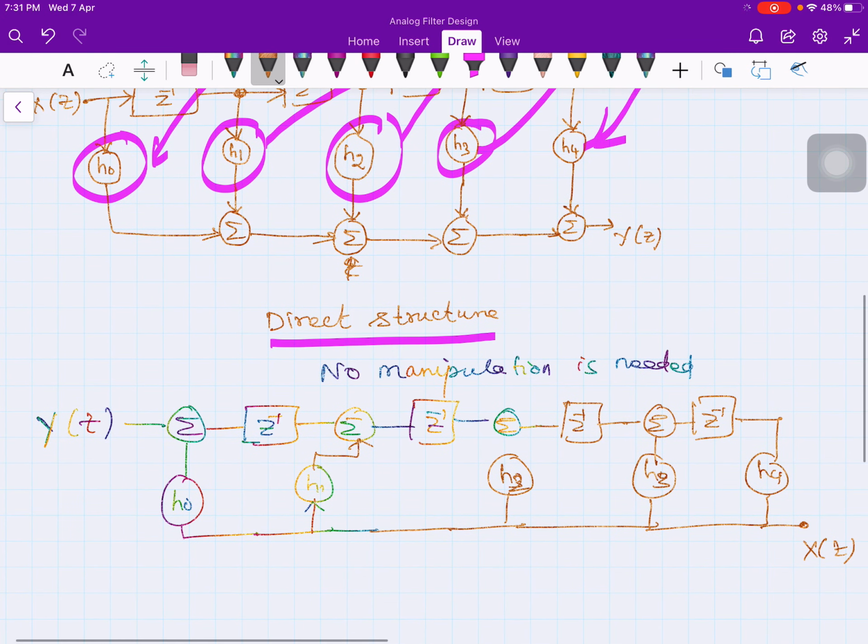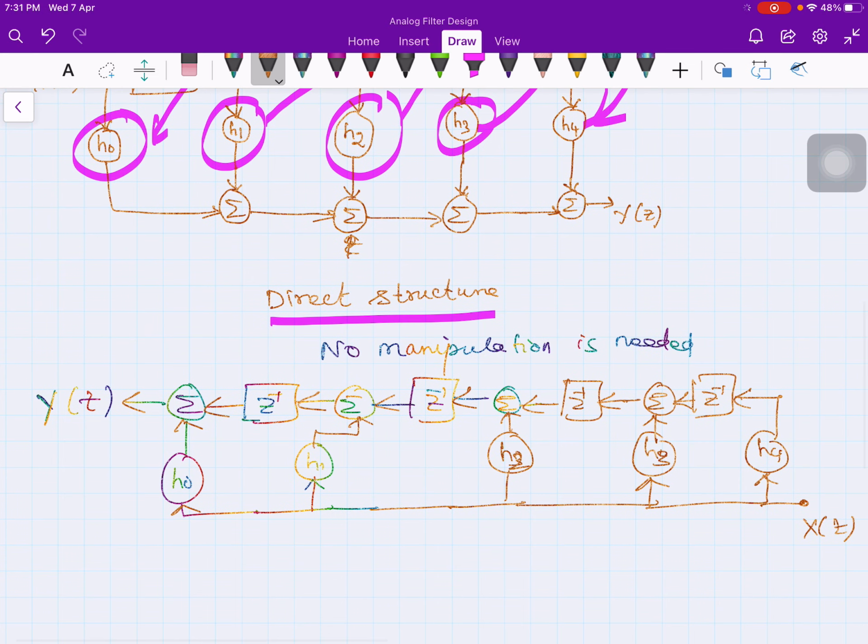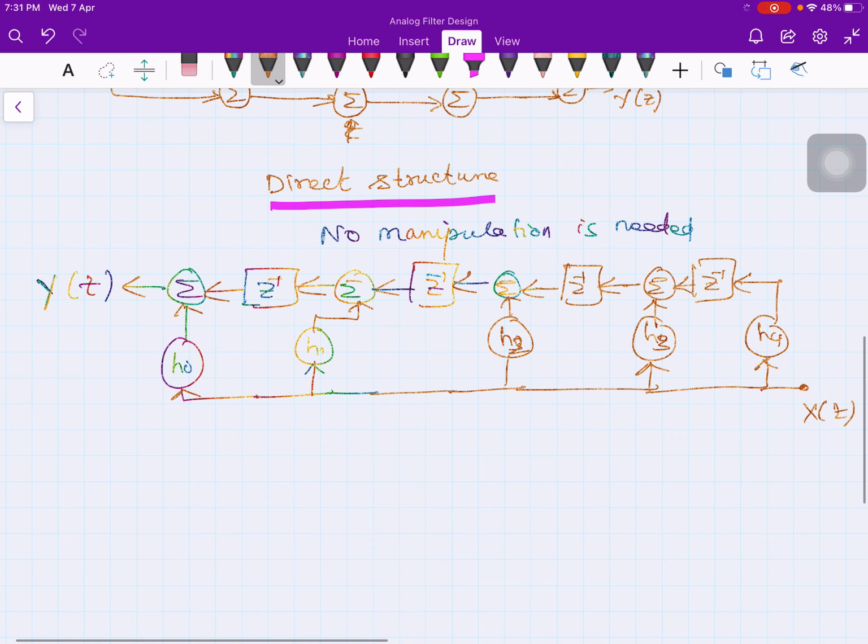Reverse the arrow mark. So it goes like this, and then comes like this. So this is a transposed structure, but I need to keep the input on the left hand side and the output on the right hand side. Just flip over the diagram.